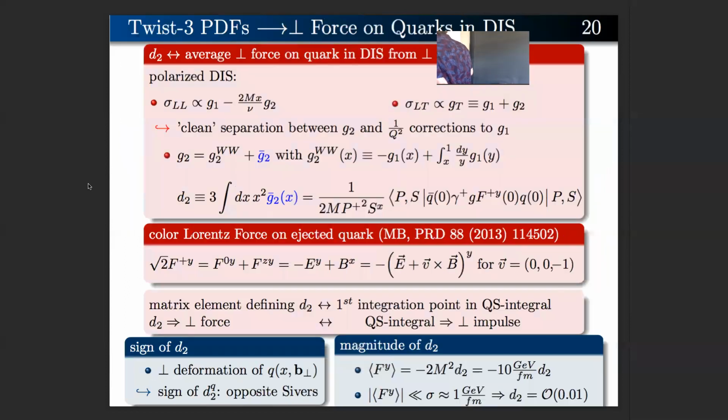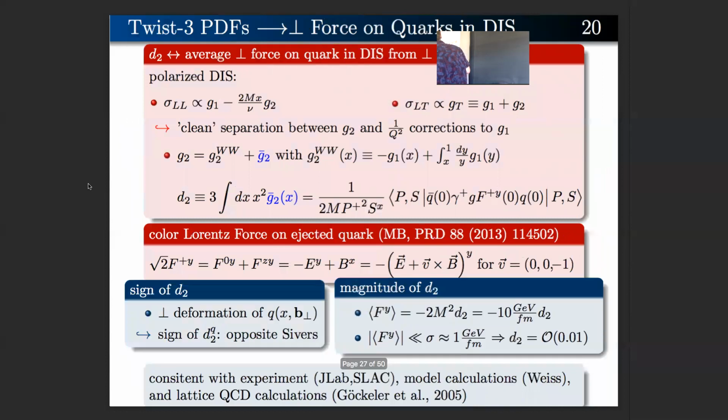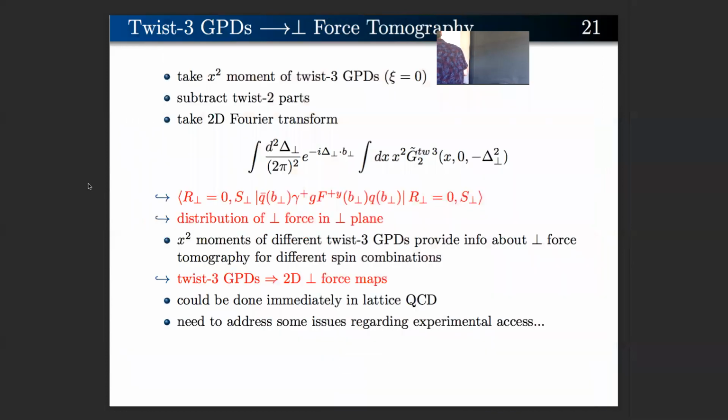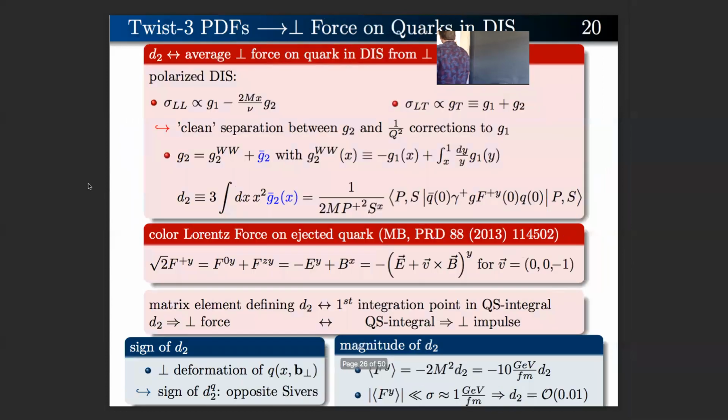Okay. A little bit about the force here, just because I can't resist. The little g2, which appears in the longitudinal-transverse double spin asymmetry. If you look at the twist 3 part of G2 and you take the x squared moment of that, that gives you this matrix element here.